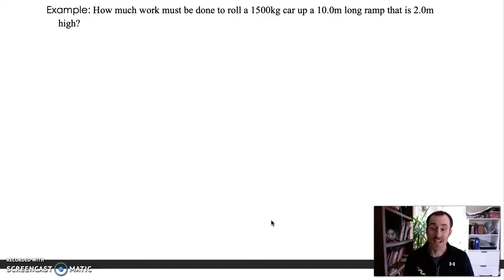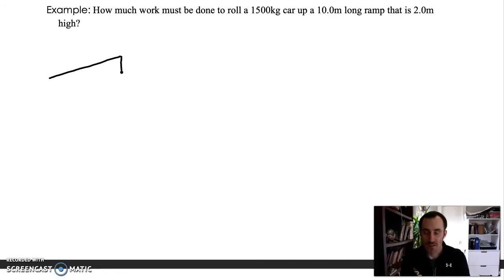Now we're going to do one example here. How much work must be done to roll a 1,500 kilogram car up a 10-meter long ramp that is 2 meters high? Let's draw a picture to start off with. Here's our ramp. A 10-meter long ramp that is 2 meters high. This is 2 meters.